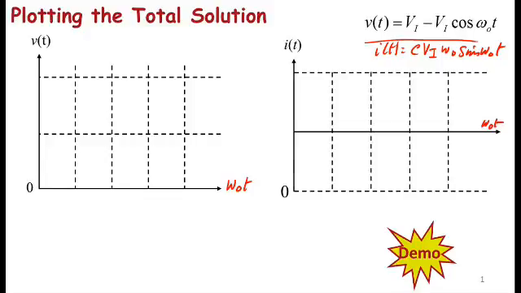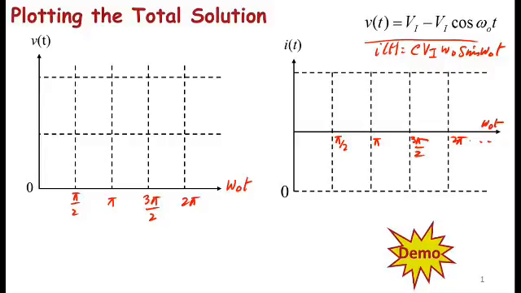By doing so, I get my x-axis being in radians, and so let's mark this as pi by 2, pi, 3 pi by 2, 2 pi, and so on. Makes it a little easier to plot. Similarly, for my current, I get pi by 2, pi, 3 pi by 2, 2 pi, and so on.